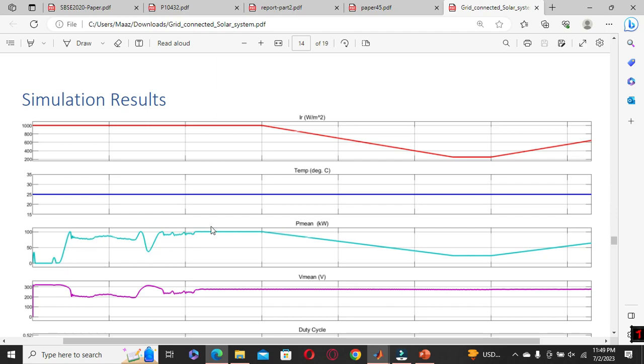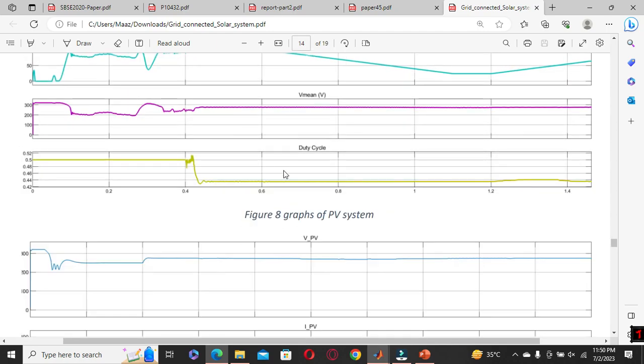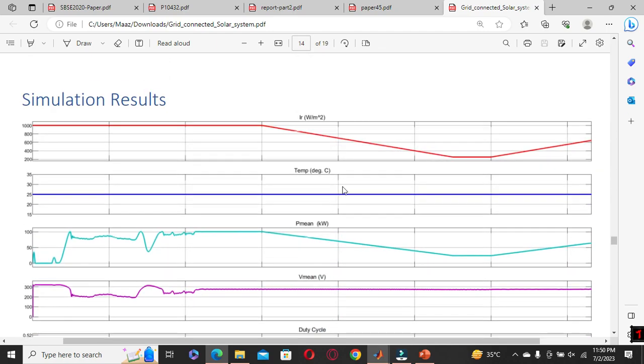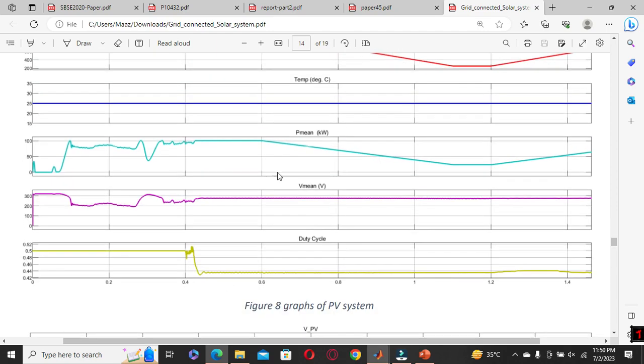Then similarly if we reduce in this pattern, because irradiance level reduces, similarly power will be reduced, and this level will be minimum power and will go to maximum power. Similarly V mean and duty cycle are also taken in the same way.